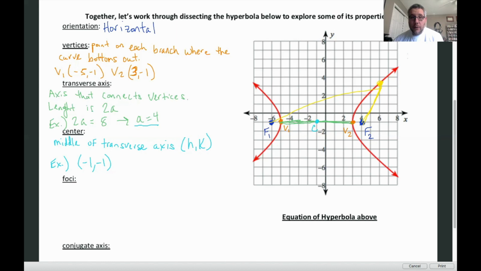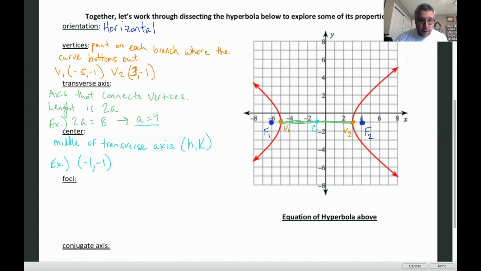Then if I go somewhere else on the curve, let's say here, and take these two yellow distances and subtract them, I get the same constant number. That's what makes this hyperbola tick.